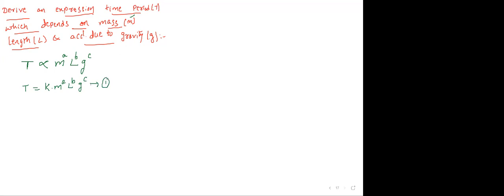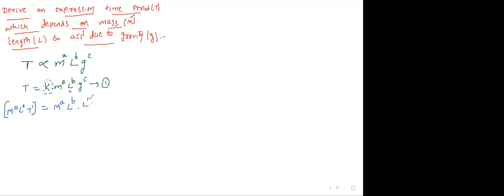After writing this equation, write the dimensional formula for all the quantities except this constant. What's the dimensional formula for time? M0 L0 T power 1. Neglect that constant K. What's the dimensional formula for mass? M power A. What's the dimensional formula for length? L power B. What's the dimensional formula for acceleration?